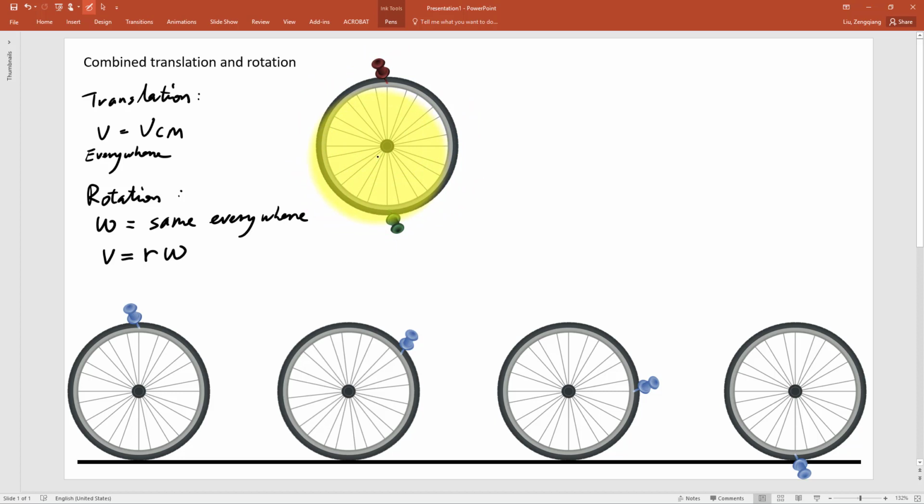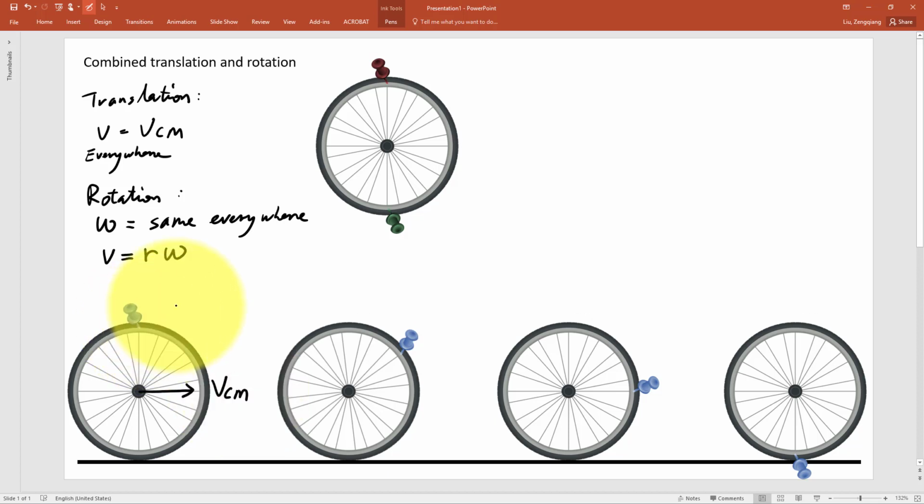So let's think about that as we combine the motion. And so here's one particular point in time. This is the bicycle wheel. The center is moving forward. So the center of mass has a velocity v center of mass. And let's just assume that the bicycle wheel is rolling without slipping. We're just riding the bicycle normally.